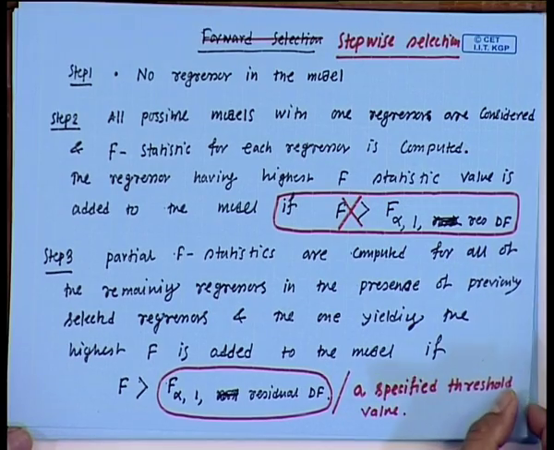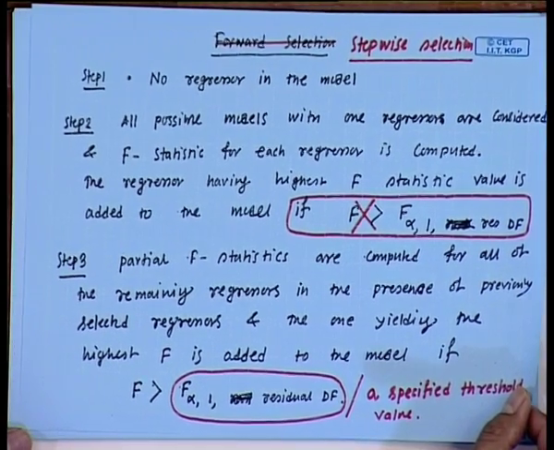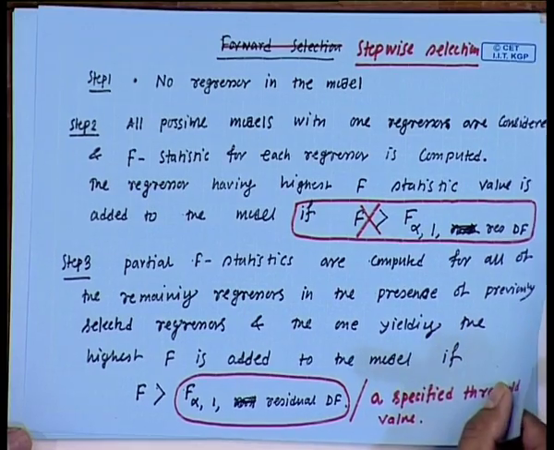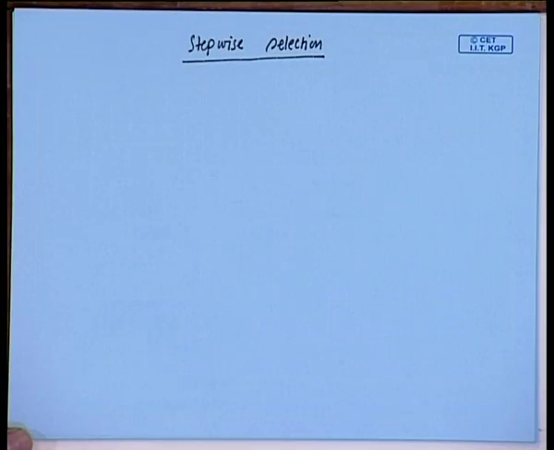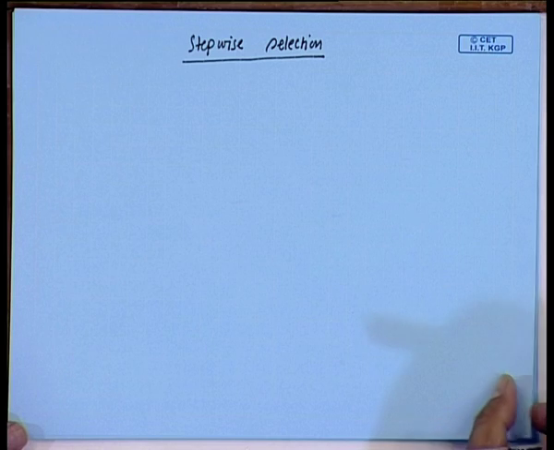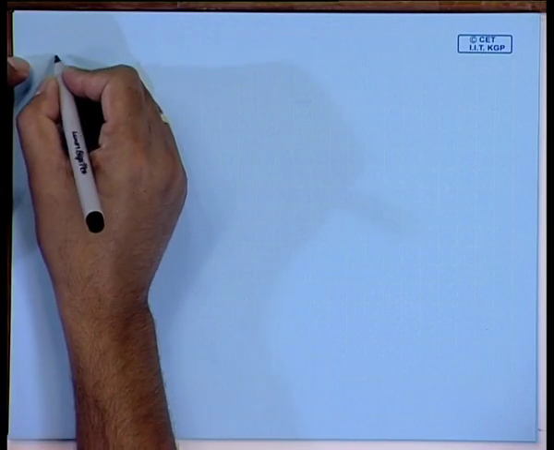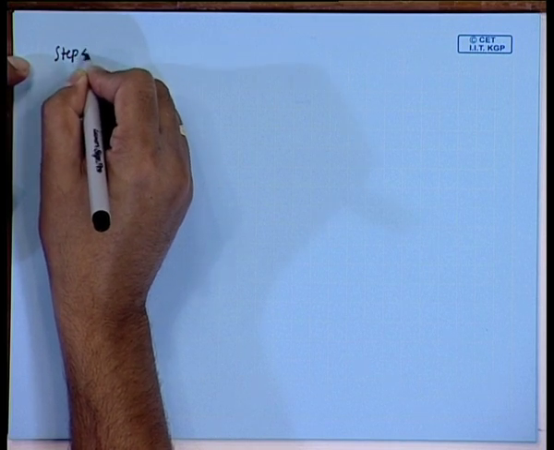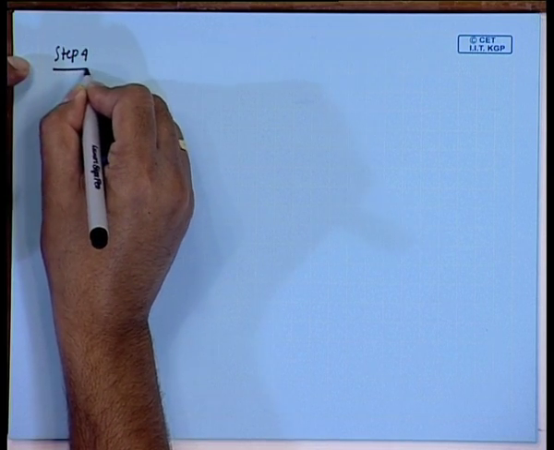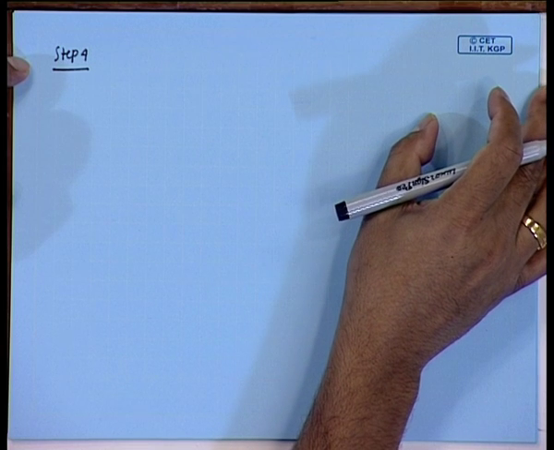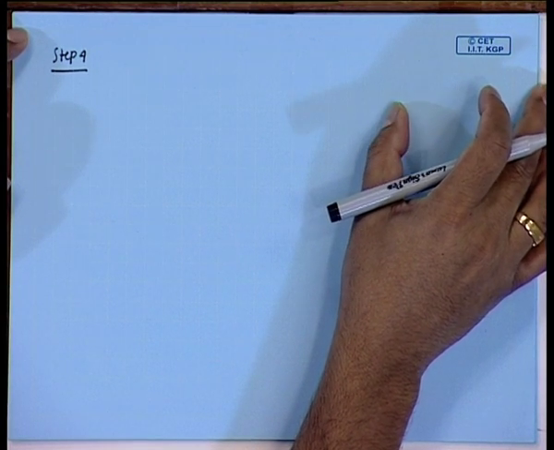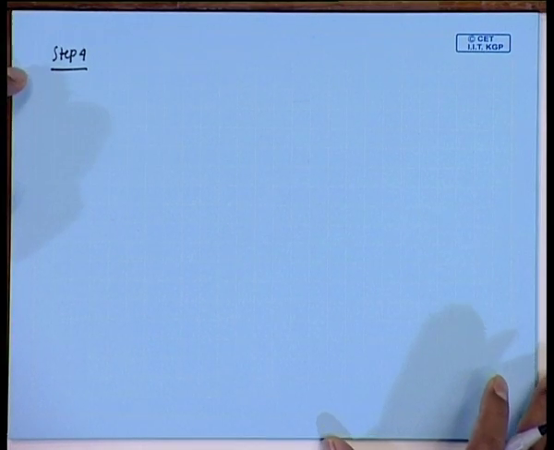Now, in step 4 we have a change. What we do is check for a possible exit.